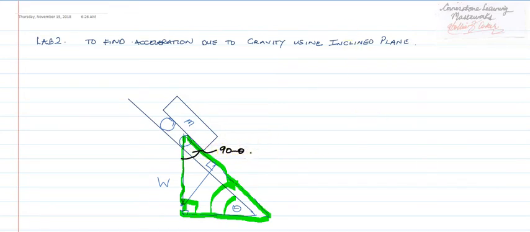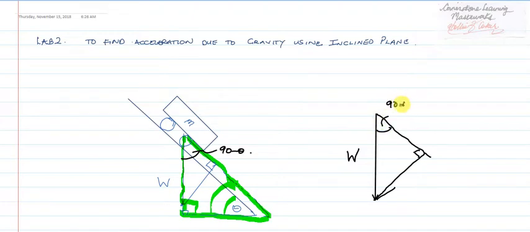So what we essentially have is a situation like this. This is the weight. This is the angle 90 minus theta here, so this angle here must be theta.